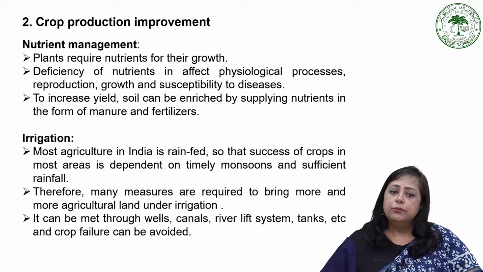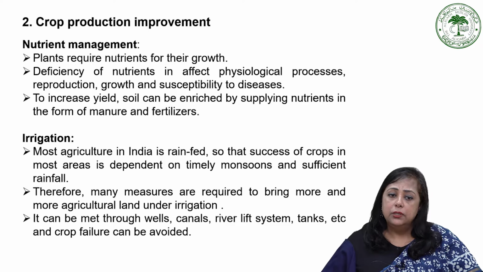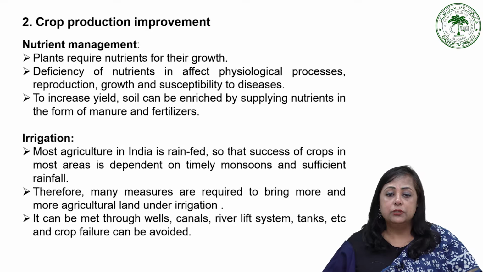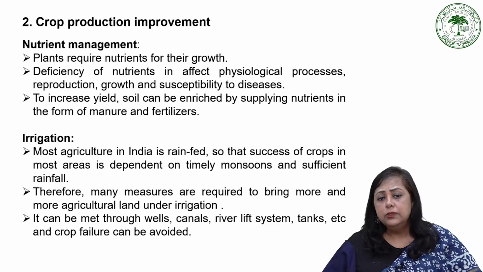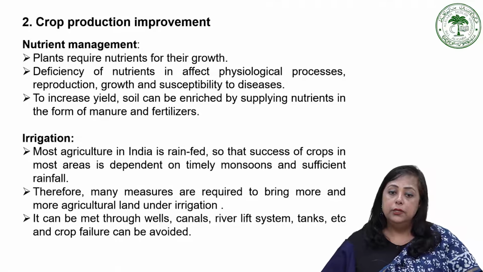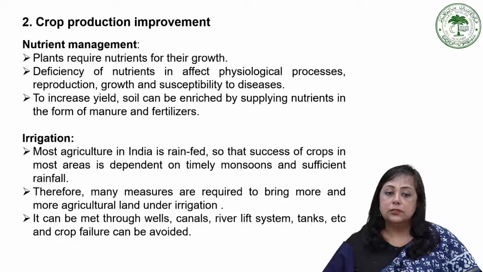Apart from nutrient management, irrigation is again a way to improve production. Most agriculture in India is rain fed, so the success of crops in most areas is dependent on timely monsoon and sufficient rainfall. Therefore, many measures are required to bring more and more agricultural land under irrigation. It can be met through wells, canals, rivers, lift systems, tanks, etc., and crop failure can be avoided.